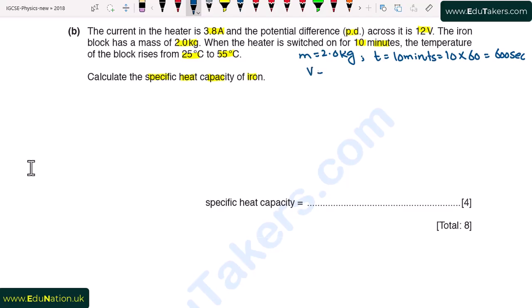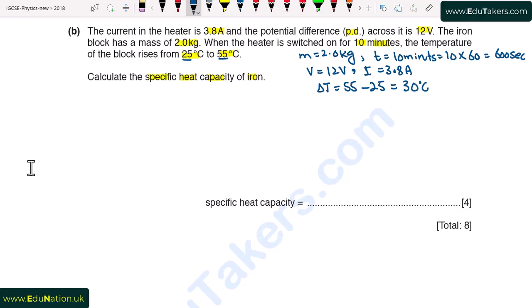Third thing is potential difference 12 volt and current is 3.8 ampere. Change in temperature, that is delta T, is 55 minus 25. Final temperature is 55 and initial temperature is 25. So it will be equal to 30 degrees C.